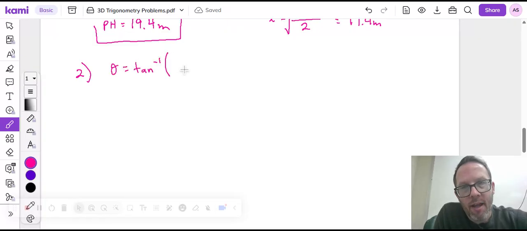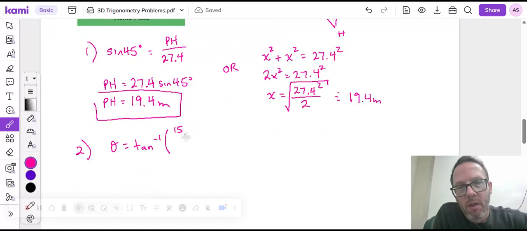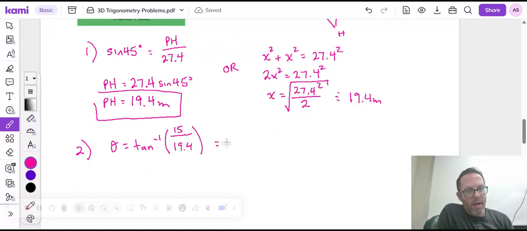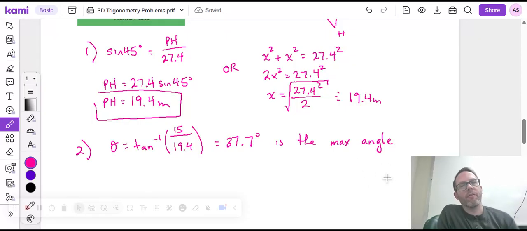We're doing inverse tan of 15 meters exactly, over 19.4 will give us our angle of elevation. About 37.7 degrees. That's the max angle of elevation. That's the angle that pitcher has to tilt his head back to see.